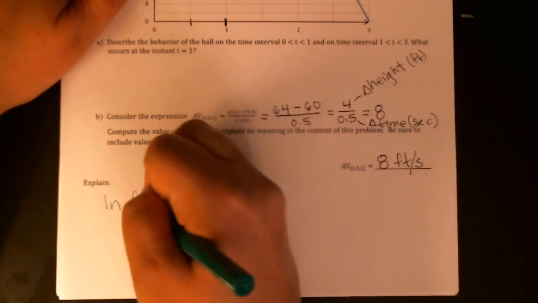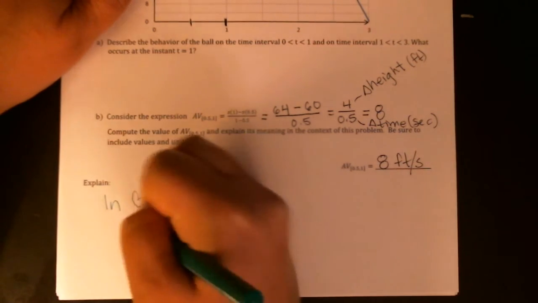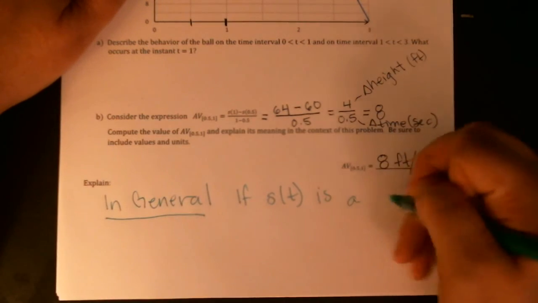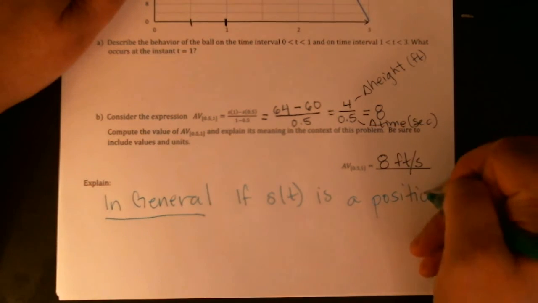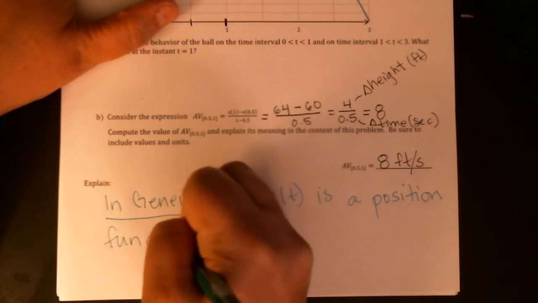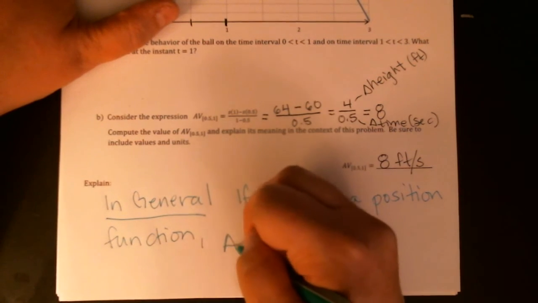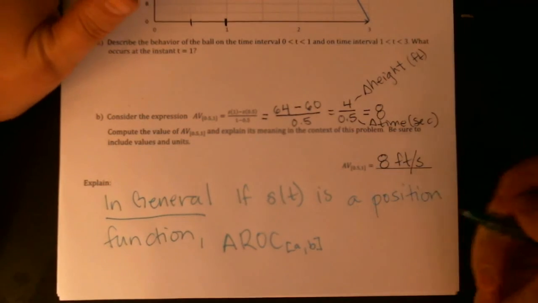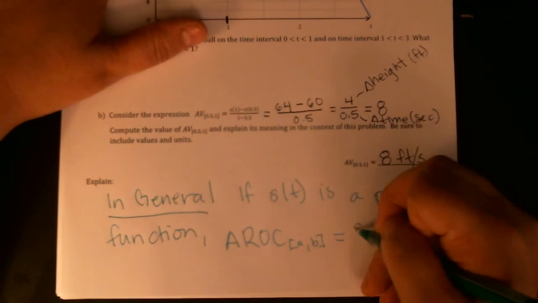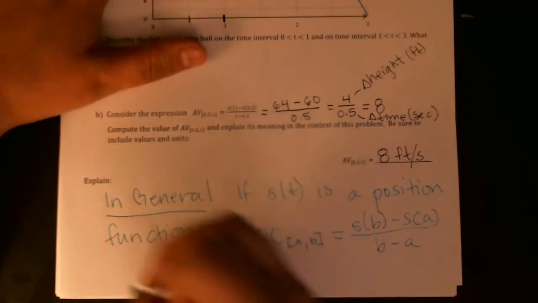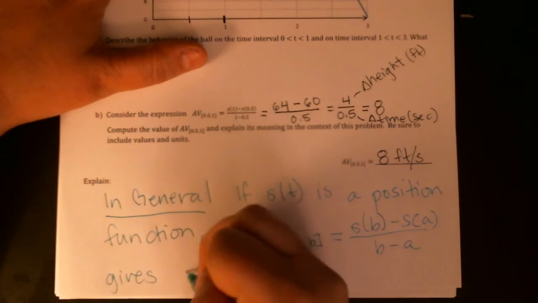So in general, if s is a position function, this means it could be distance or height or anything that tells you about where an object is, then the average rate of change of s on an interval [a, b], which is calculated as usual, s of b minus s of a over b minus a, gives average velocity.